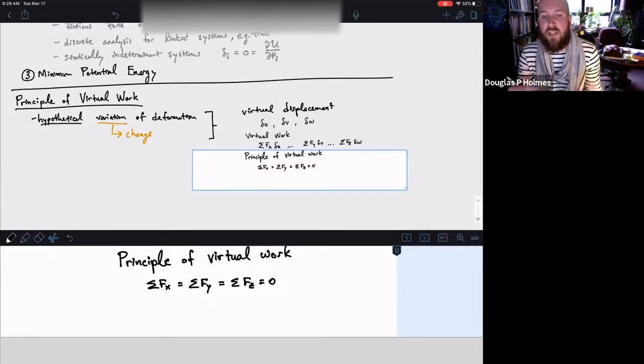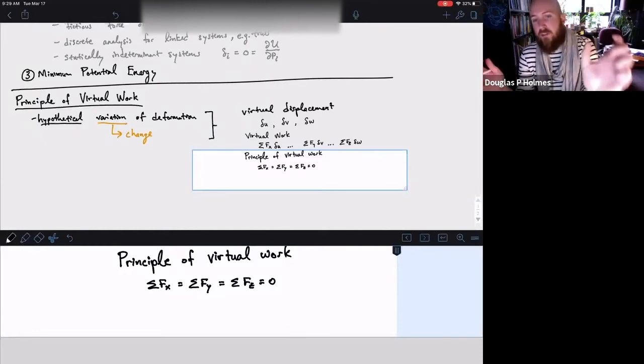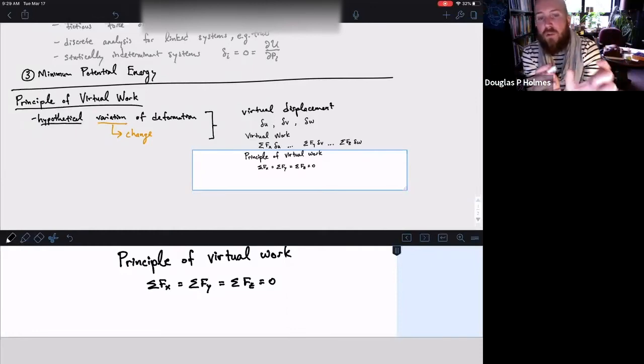But if delta U, delta V, and delta W can be any possible number times the sum of F of whatever, then the only way that can vanish is if the sum of the forces in that direction go to 0. And so then you end up with things that are really familiar to you. You end up with the equations of equilibrium, essentially Newton's second law.